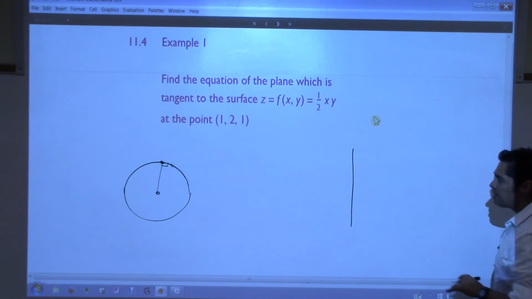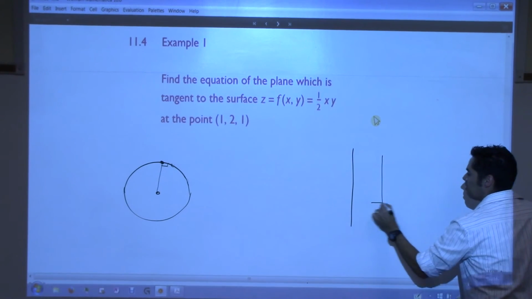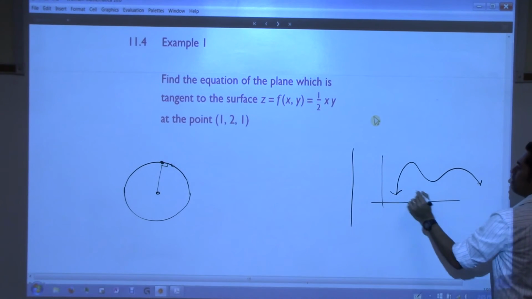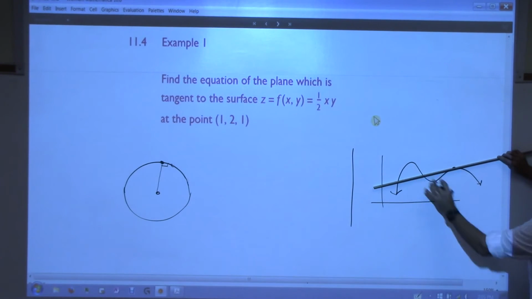Now, the reason I'm asking you to think of this is because back in Cal 1, you had a function that went like this. And we were asked to, let's say, find the slope of the tangent line here, or find the tangent line there. Can you still use the same definition that it only touches the function in one place? Do we all agree the tangent line looks like it should be about right there?